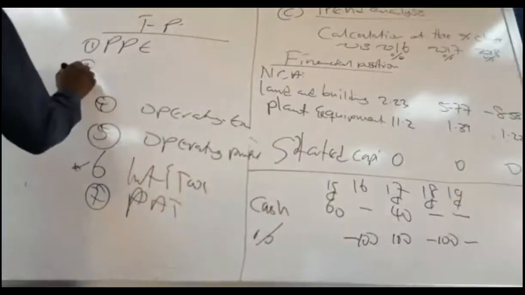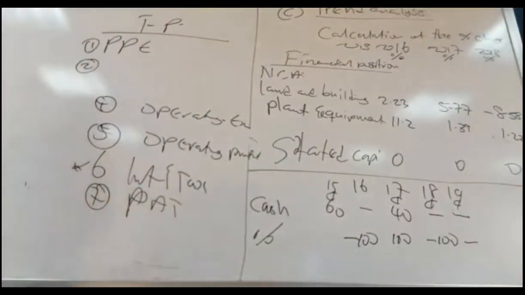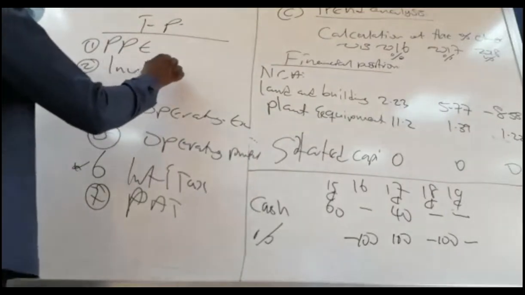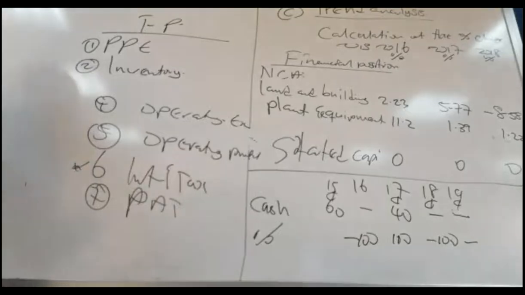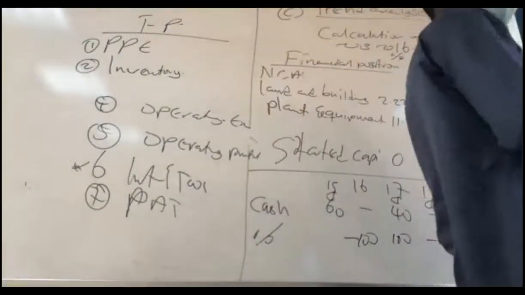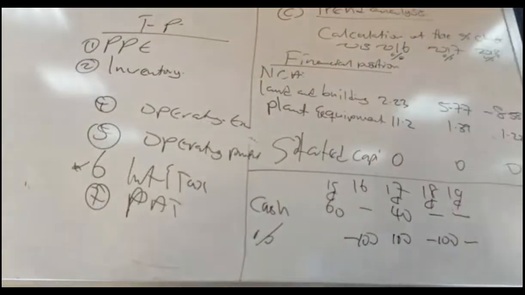Two, go to inventory. Very important. Current asset. Move to inventory and check whether the inventory is increasing. If inventory is increasing, what is the implication?